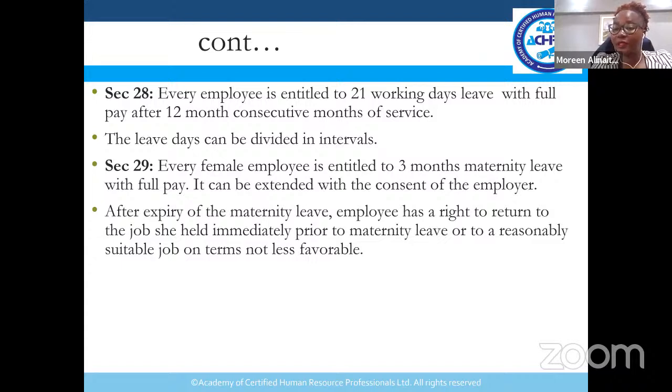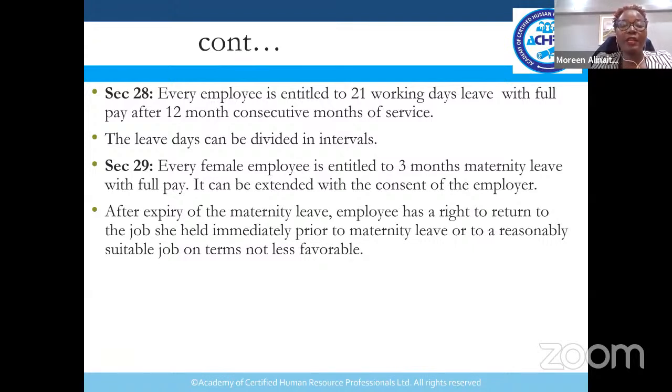You will be sued and you will pay them. I've even seen scenarios whereby if somebody is on leave, you cannot say you're doing an evaluation. On a maternity leave, you can't do an evaluation for the time they have been away on maternity leave. If you do that, you will be sued and you will pay as an employer.